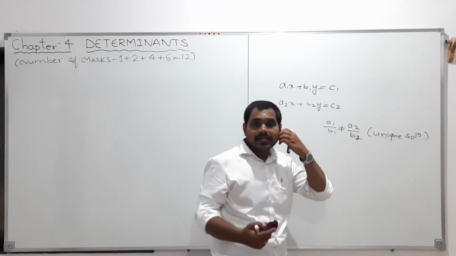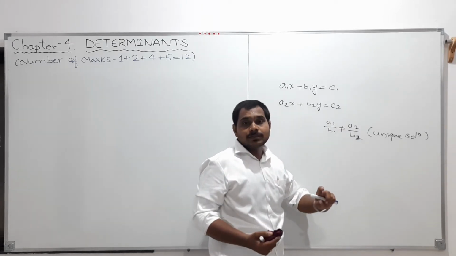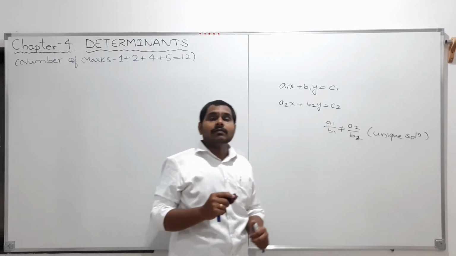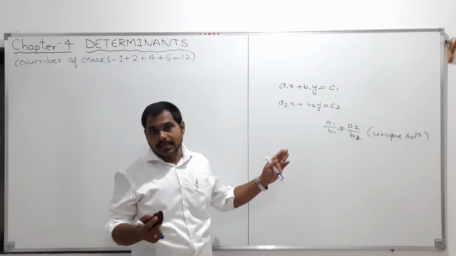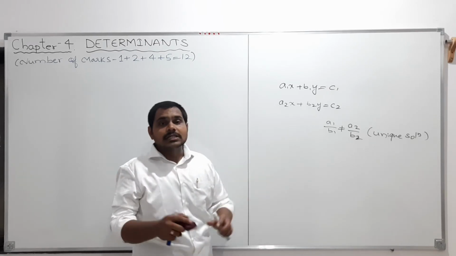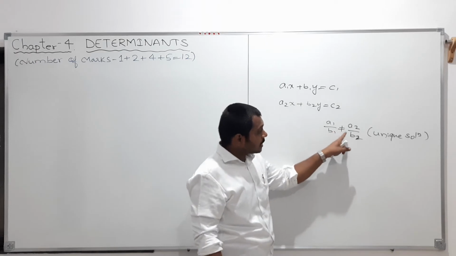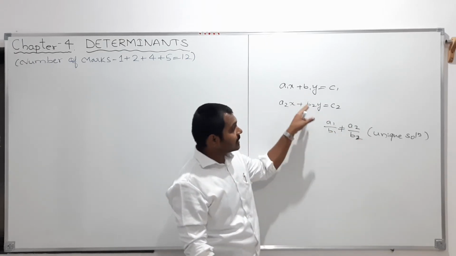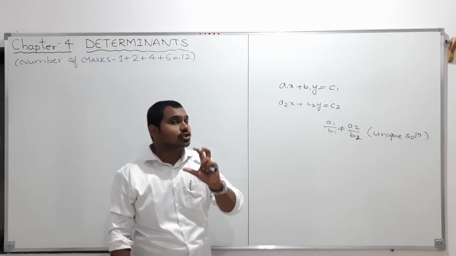There are many different cases. If a1 by b1 equals a2 by b2, then what is the condition? You studied all those in the previous standards, in 8th, 9th or 10th. Here, we should just know that a1 by b1 not equal to a2 by b2 means we will get a unique solution for these linear equations. So solution means what?